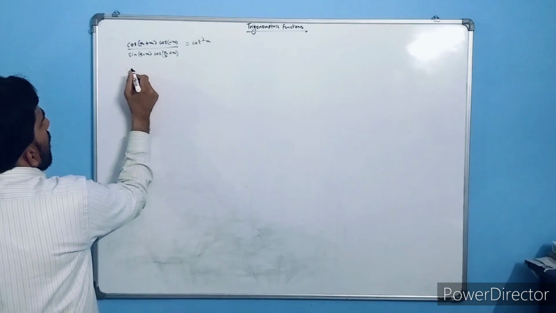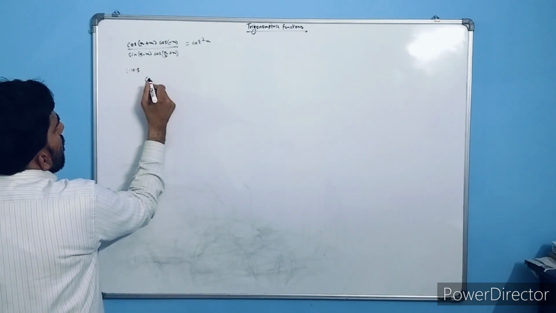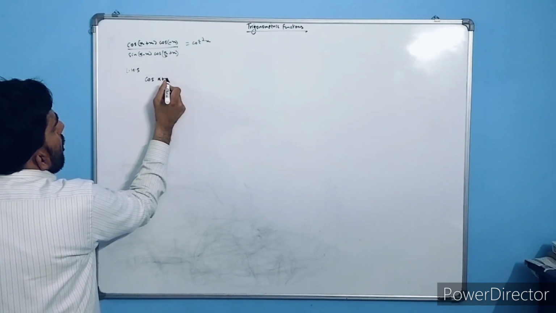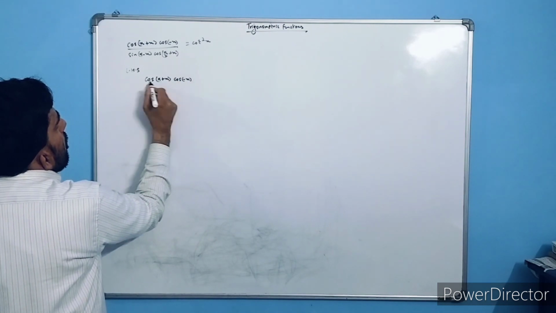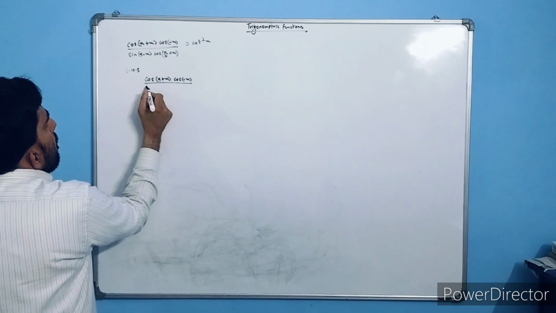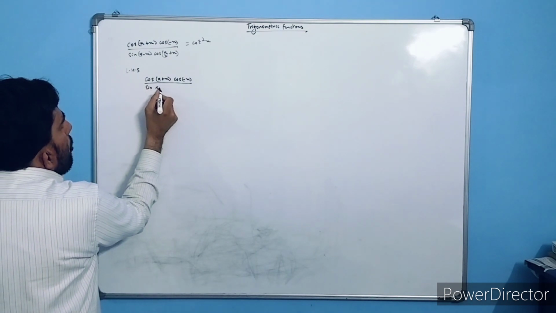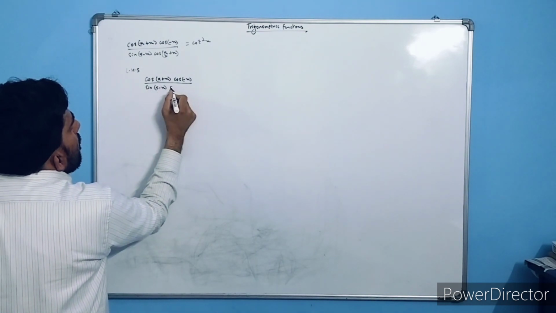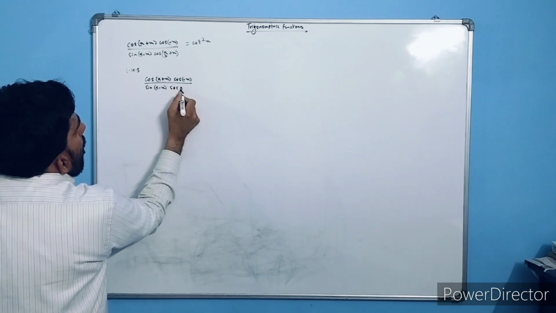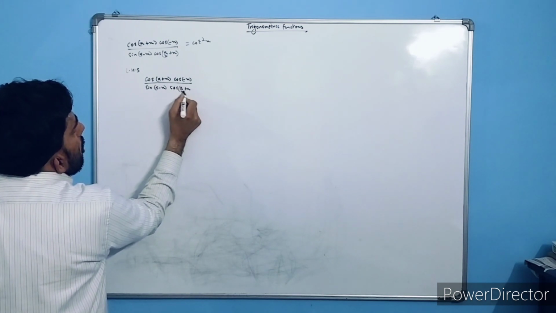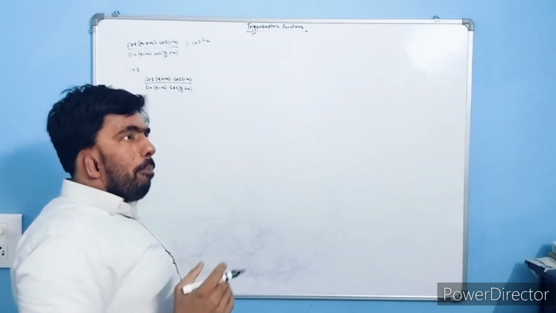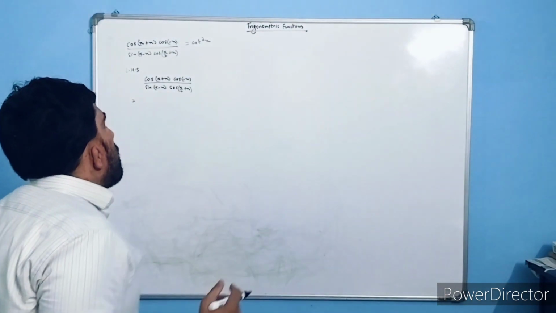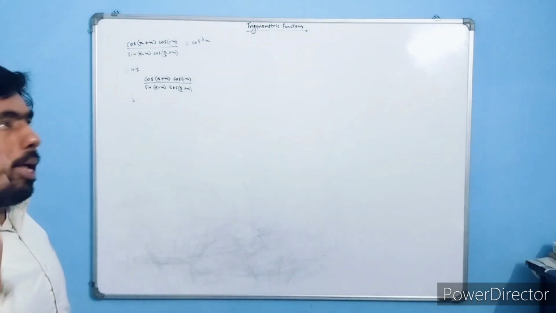Now let us take LHS, that is cos(pi + x) cos(-x) upon sin(pi - x) cos(pi/2 + x). Now we can see cos(pi + x). I am talking about the third quadrant where cos will be negative.